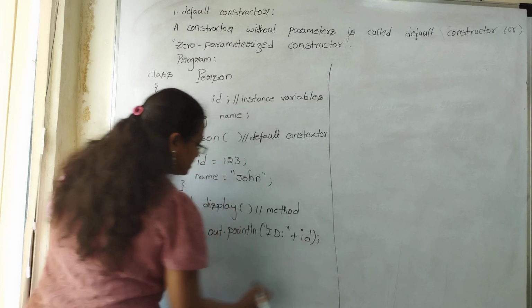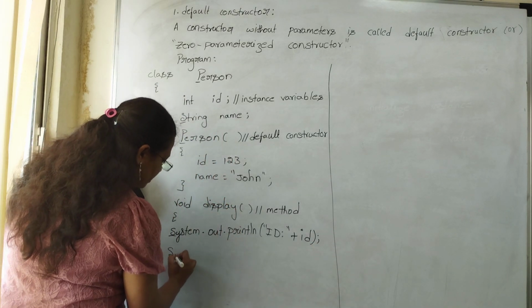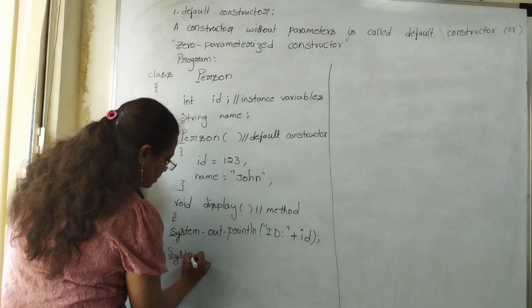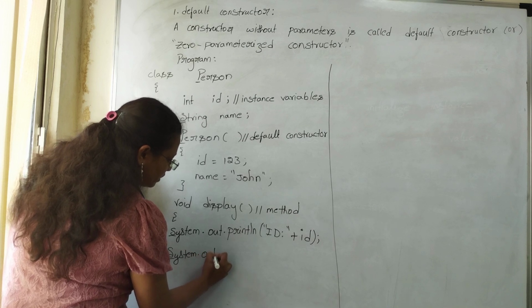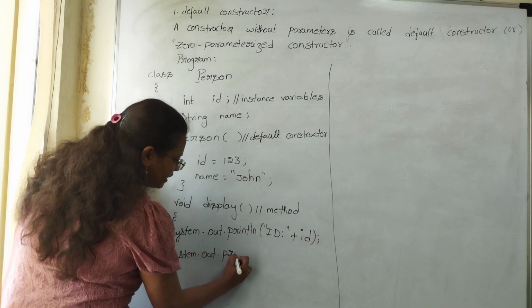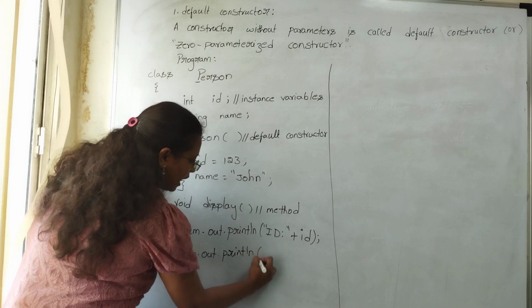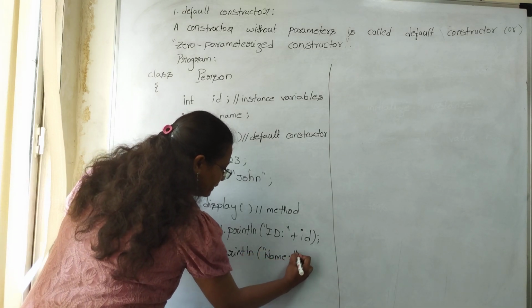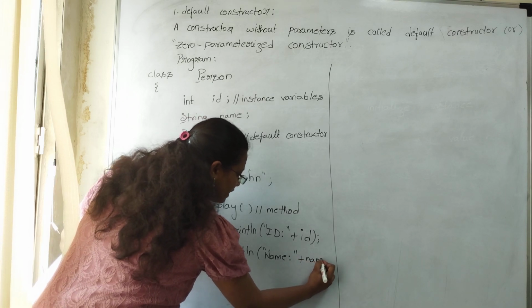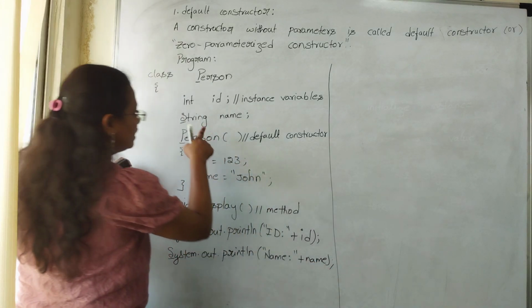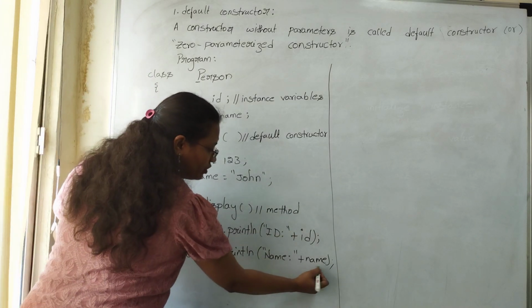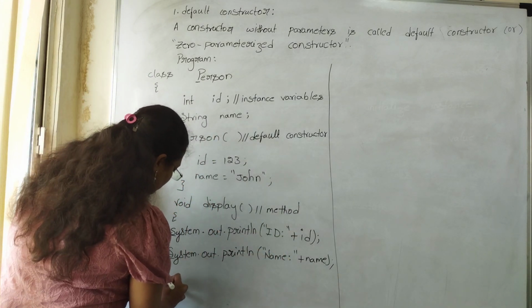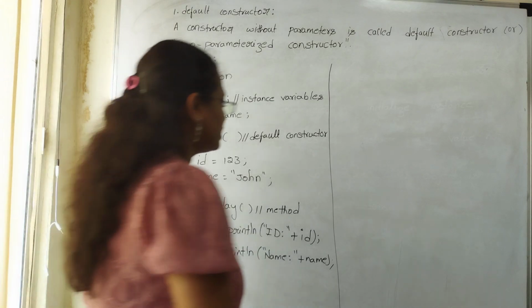Okay, so next in the same way you need to give here System.out.println of, I want to print the name of the person, so you are giving here name plus what is the variable you have created here? Name variable. So that is the reason I want to print name. So method also completed.